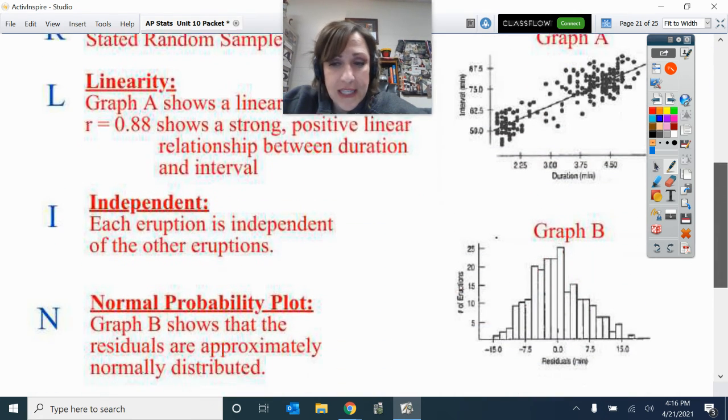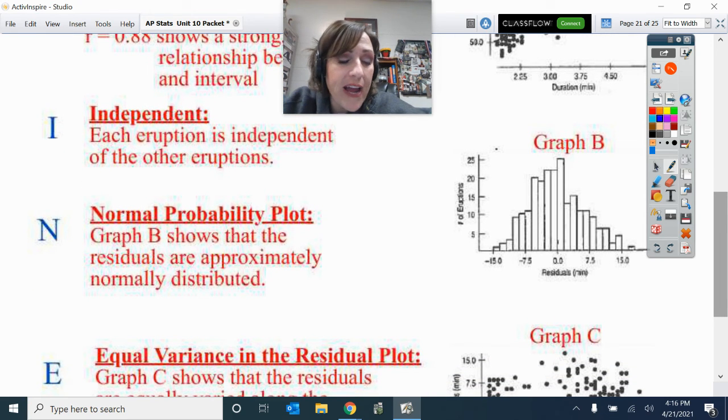Graph B shows that the residuals are approximately normally distributed. That's pretty much what you're going to be saying every single time. Just find the correct graph and reference the graph that demonstrates that.